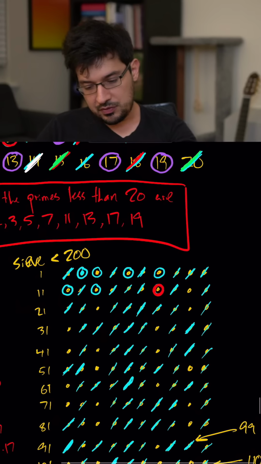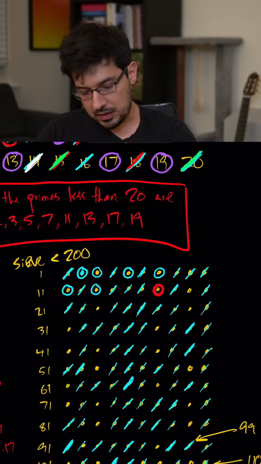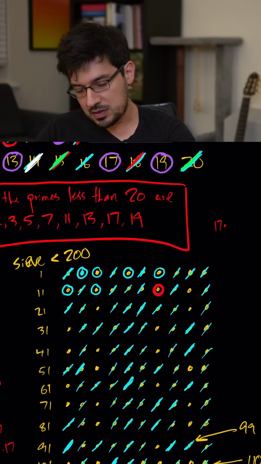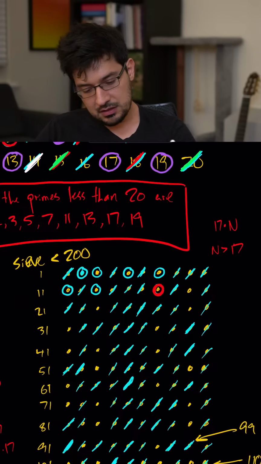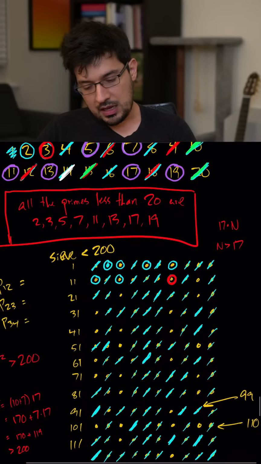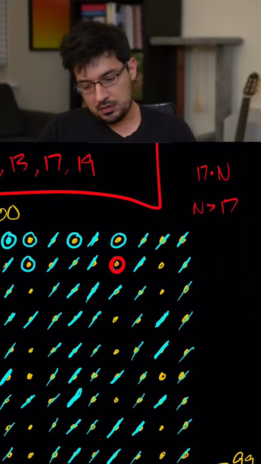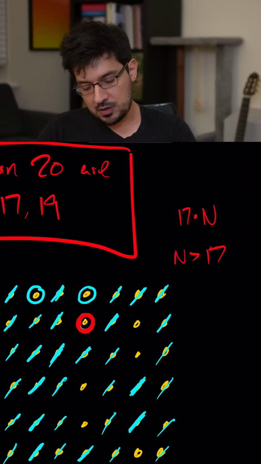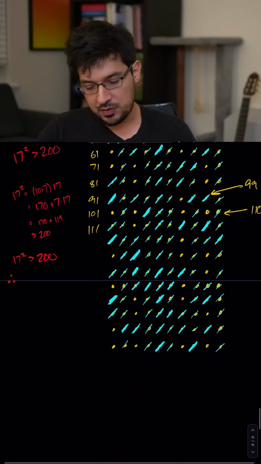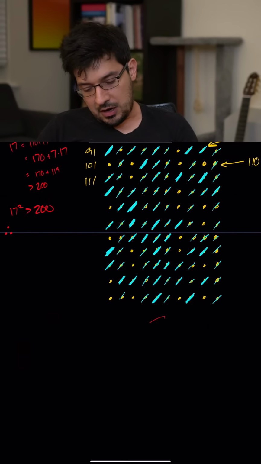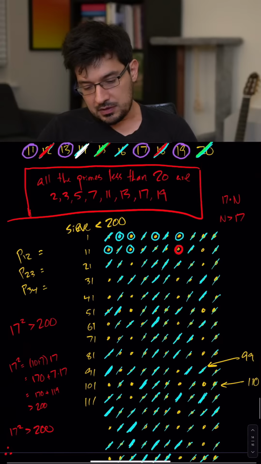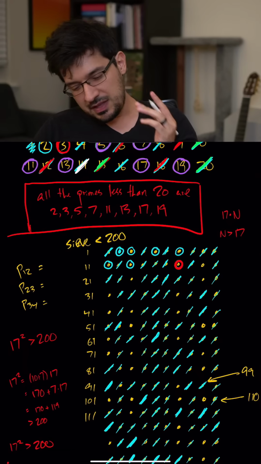The only numbers from this point on that are not crossed out must be 17 times some number n where n is greater than 17. And those numbers are always going to be greater than 200, so they're going to be off of this chart of all numbers up to 200, if that makes sense.